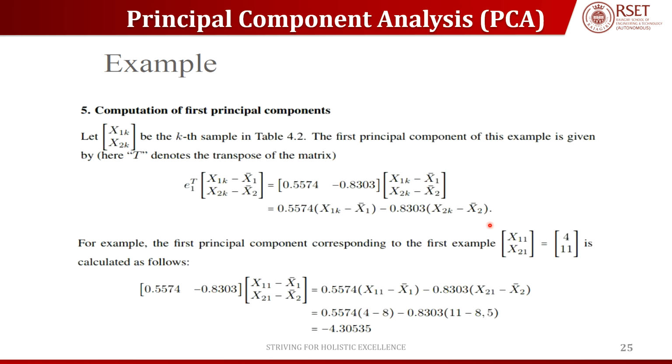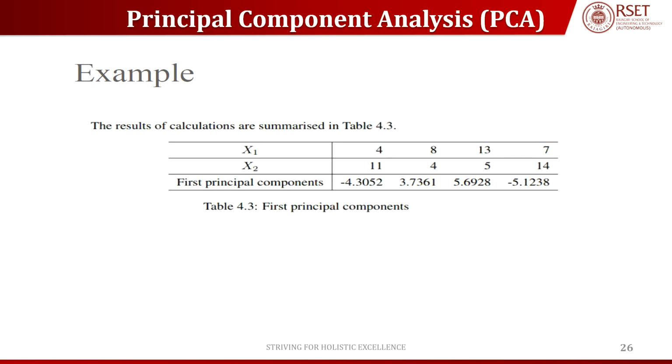By applying this formula to all the 4 data points in our original table, we get the following values. For the first example, that is (4, 11), we get minus 4.30. And for the second one, the same equation follows. We get these values. With that, we can write down all the first principal components over here.